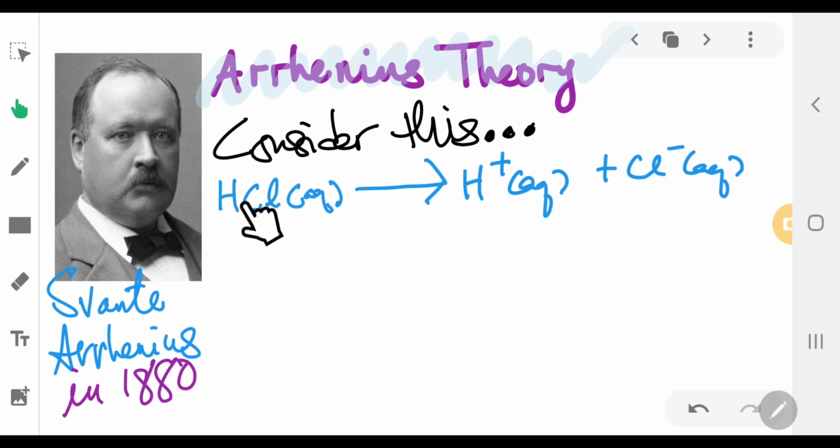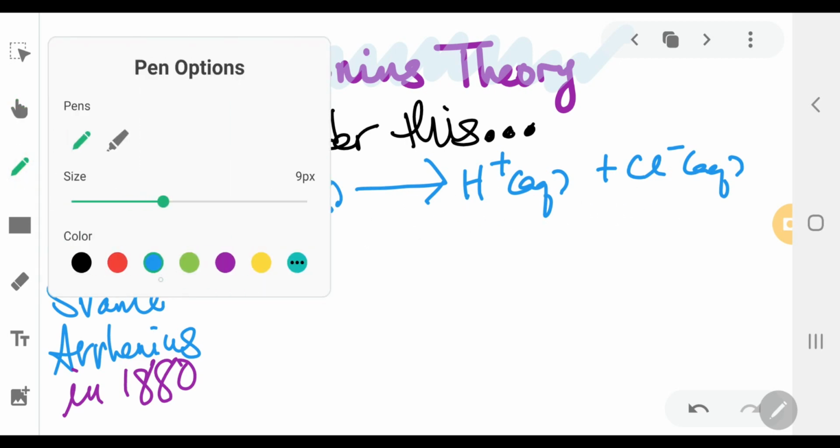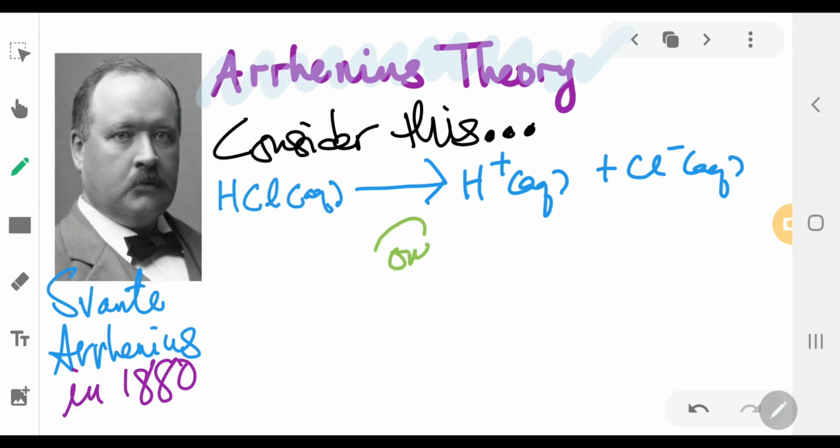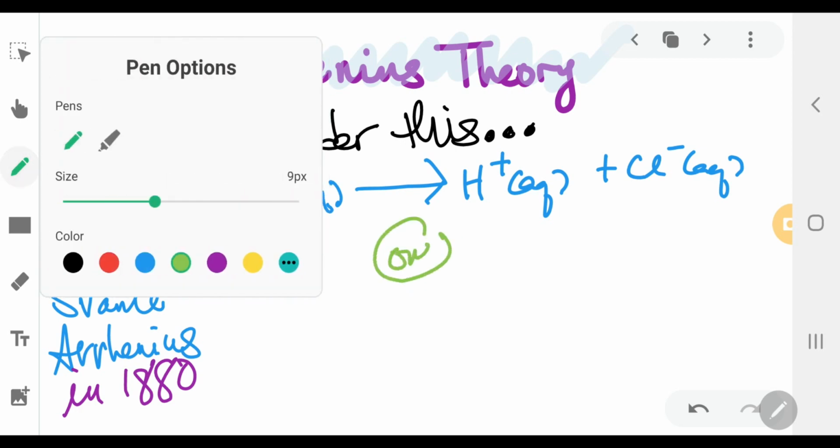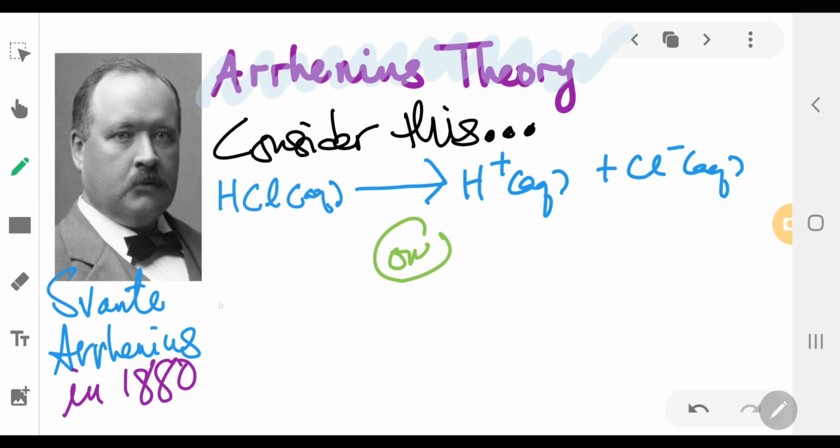Apart from writing in this form, we have another way of writing this if you want to show the H2O molecule as part of the reaction. You can write HCl, aqueous, and add water into the equation.